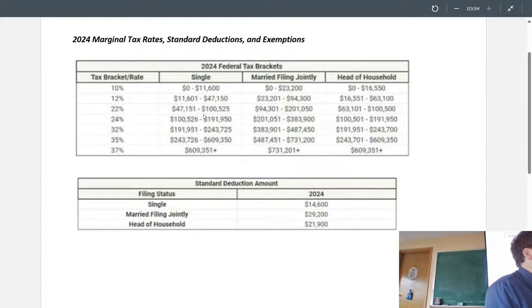Multiplied by 0.22, which is 1,278. So then I add that to the 4,266 and then the 1,160. $11,605.